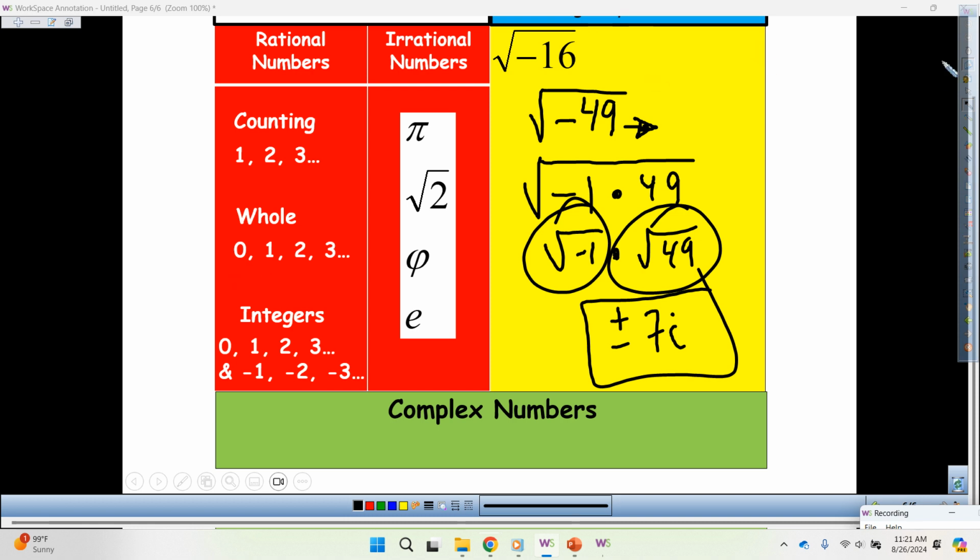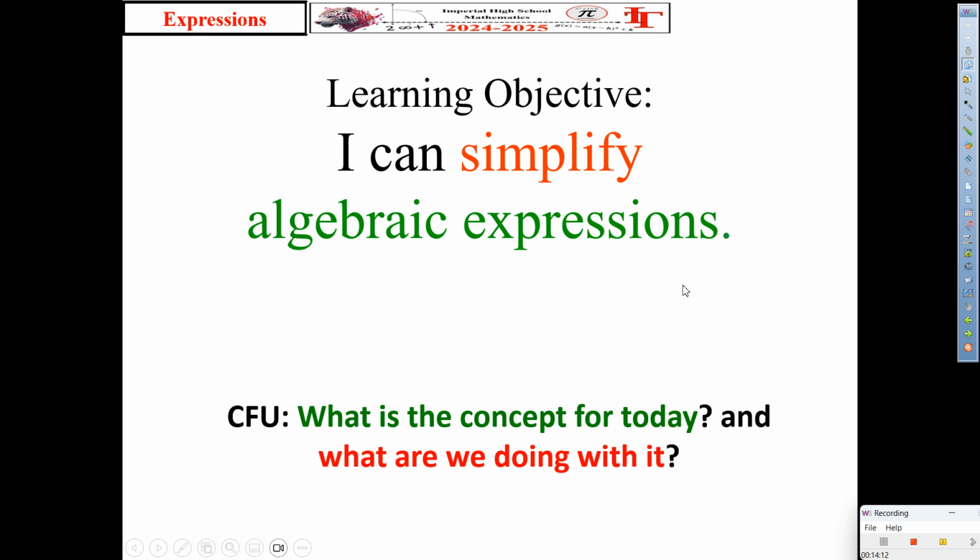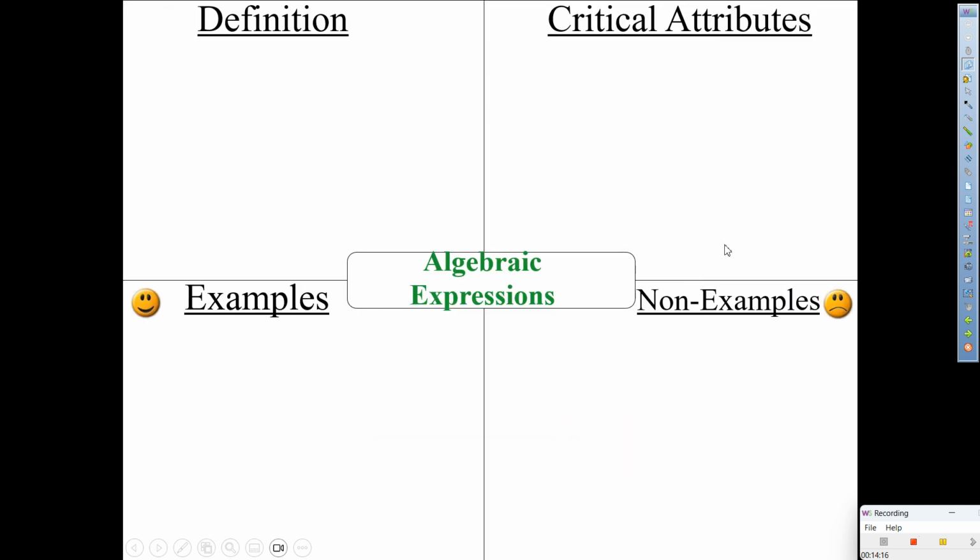All right, so from there, we moved on from sets of numbers. We moved on to algebraic expressions just to focus on that. So, without looking at your notes, tell your neighbor, in your own words, what are algebraic expressions? Think about it. Talk to your neighbor.